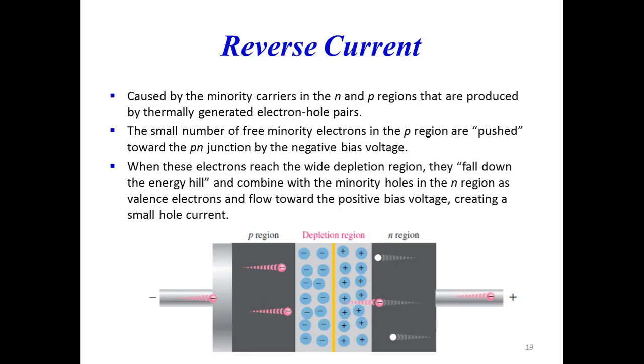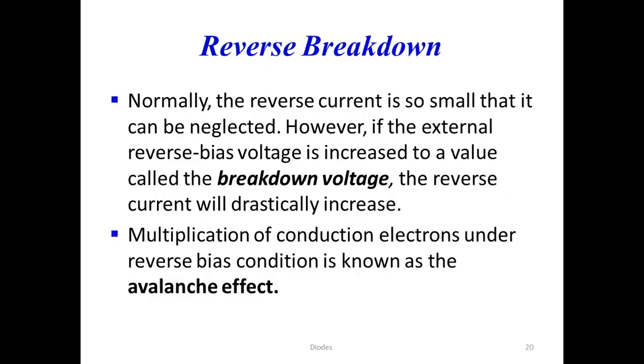Those minority carriers get accelerated, and those accelerated electrons collide with covalent bonds and knock out electrons from them. There will be a sudden increase in the number of electrons and you will get an increase in the reverse bias current. Students, this particular condition should be strictly avoided in a regular diode.